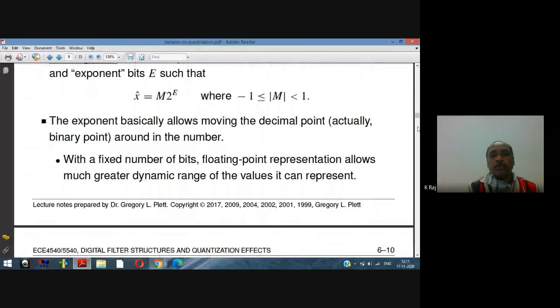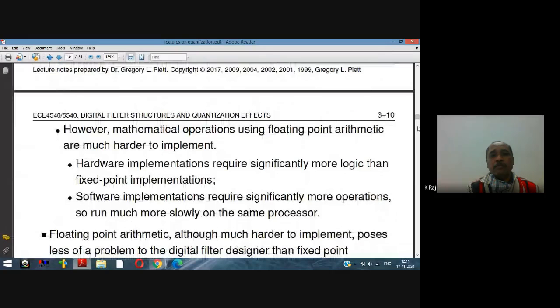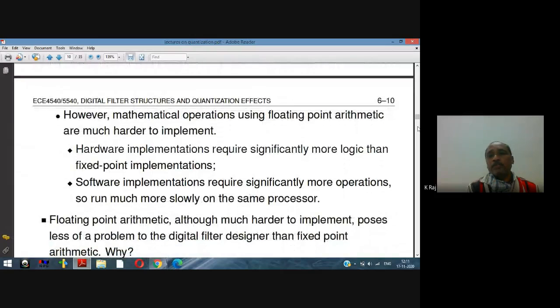So if we again come to the mathematical operations using floating point arithmetic, we will find that it is much harder to implement, because hardware implementation requires significantly more logic than fixed point implementations, and software implementation requires significantly more operations, so it runs much more slowly on the same processor.